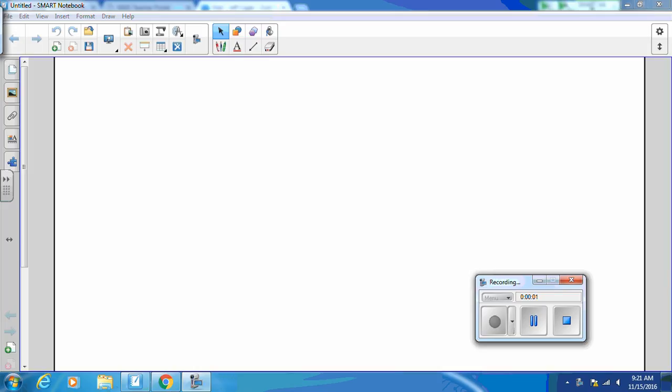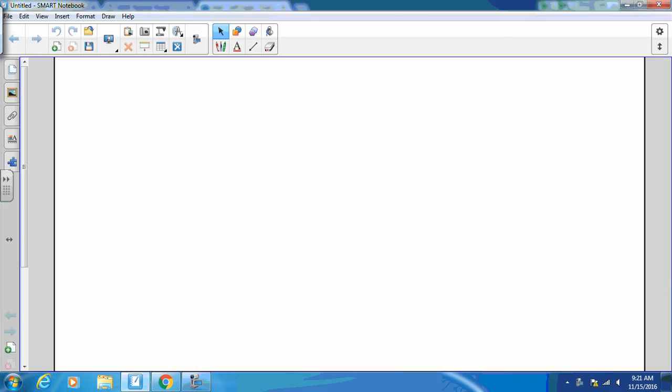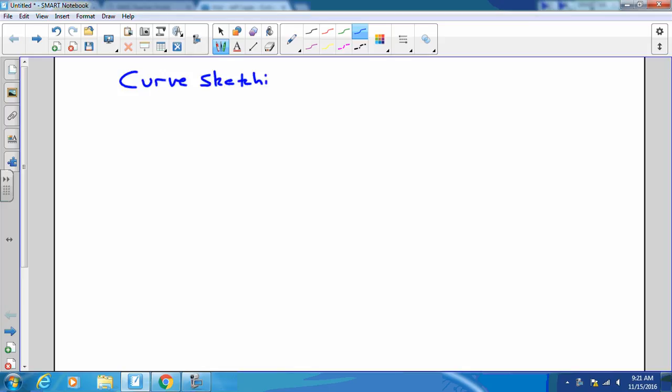So what I'd like to do is to rehearse our curve sketching tools so far. And we have a number of them. And they're all expressed in terms of theorems.